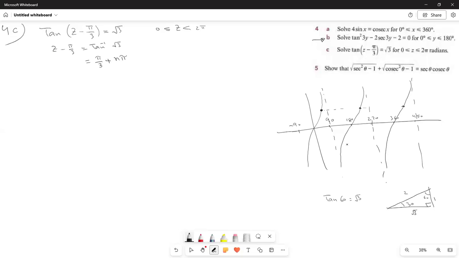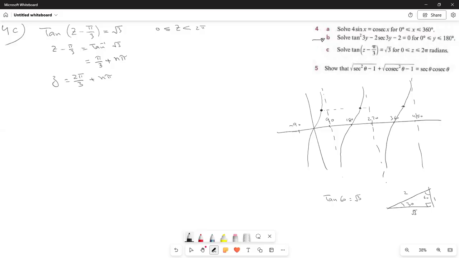Now z is equal to, if I take pi by 3 to the other side, 2 pi by 3 plus n pi. Makes sense? 2 pi by 3 plus n pi.